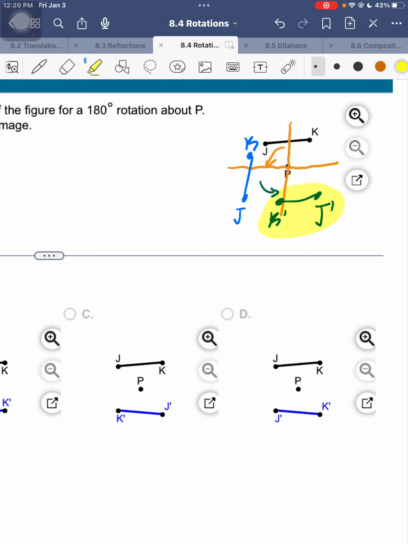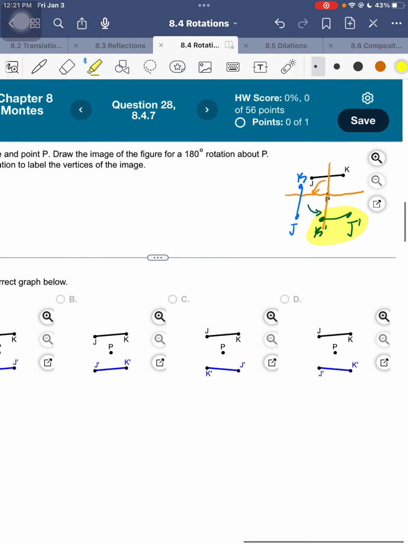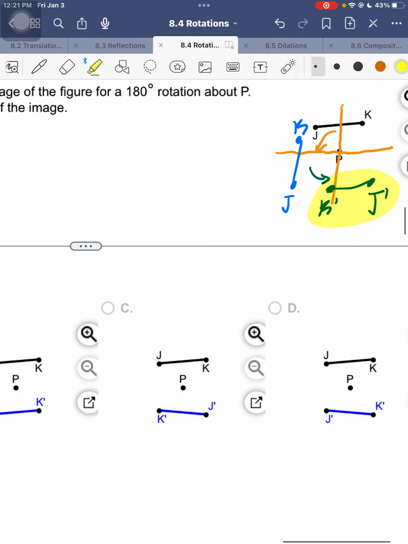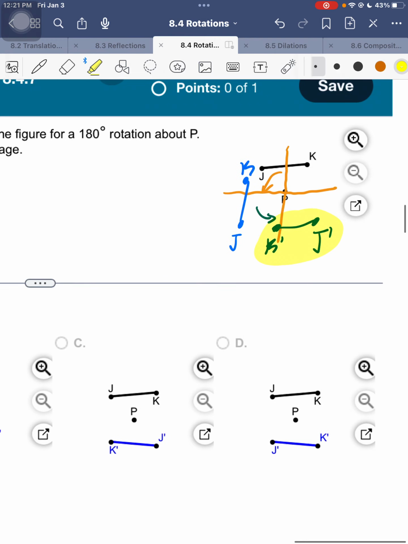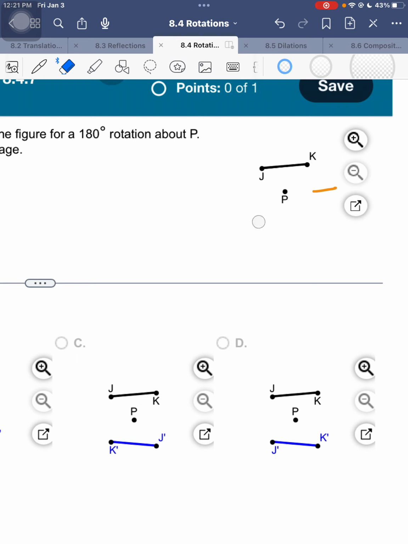We also need to look out for another thing that I didn't really emphasize enough, so I'm just going to erase this: the relation from our K to my J. The K is a little bit above the J, right?